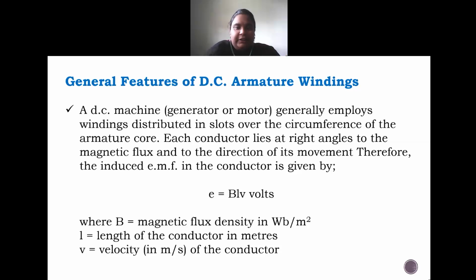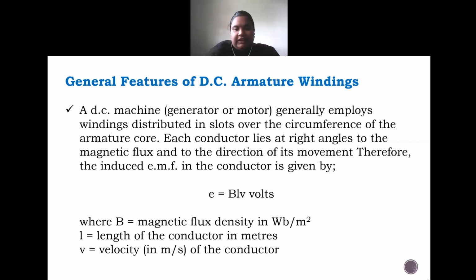So the induced EMF in the conductor is given directly by E equals BLV volts, where B is the magnetic flux density, that is how much flux is passing through a unit area, measured in Weber per meter square, L is the length of the conductor in meters, and V is the velocity of the conductor.